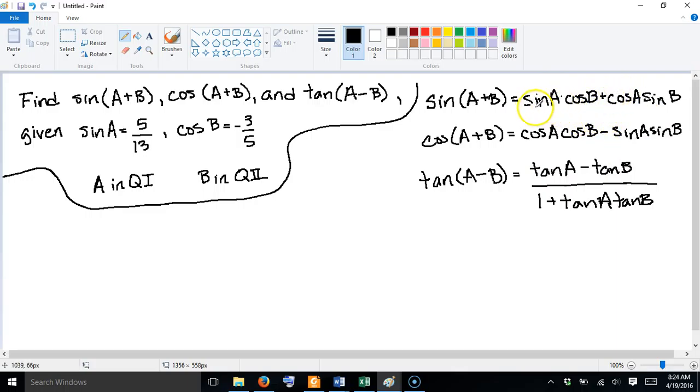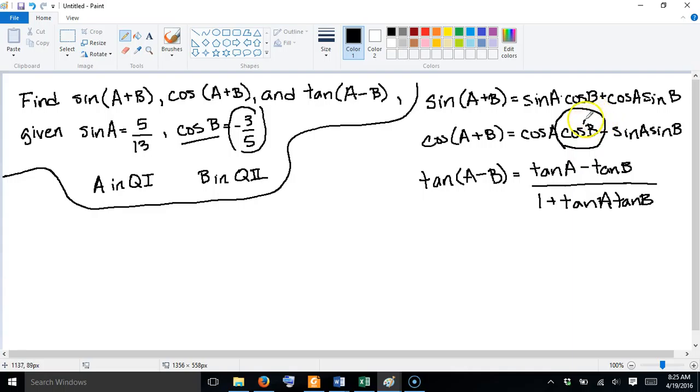And what we need is, okay, we're given sine of A is equal to this, cosine B is equal to negative 3 over 5. I've been seeing a lot of this. Please do not mistake that this right here is equal to B. It is equal to cosine of B, and that's what goes inside this entire function right here.